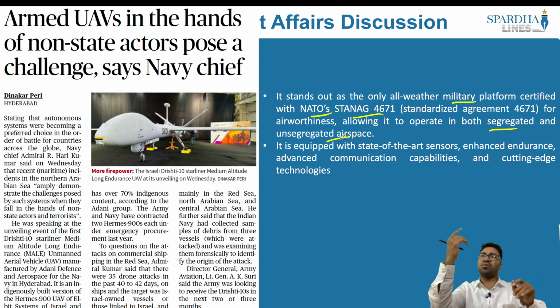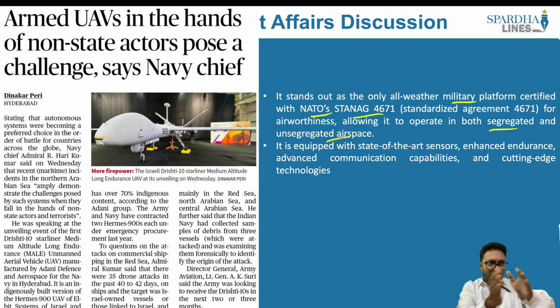Let's say we have a particular airspace. In this airspace only a few UAVs or restricted aircraft would be able to fly. So they have a segregation, a separate compartmentalization, a different division of its own. In this area of the airspace, only a few UAVs as well as aircraft would be able to fly. But when you say unsegregated airspace, every aircraft or every UAV would be able to fly it. That is what is called segregated and unsegregated airspace.